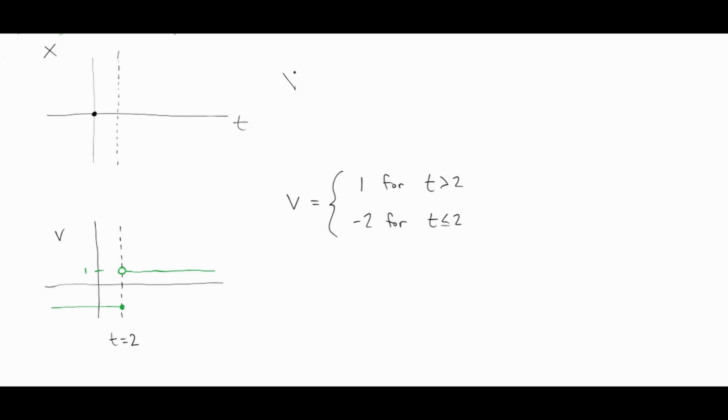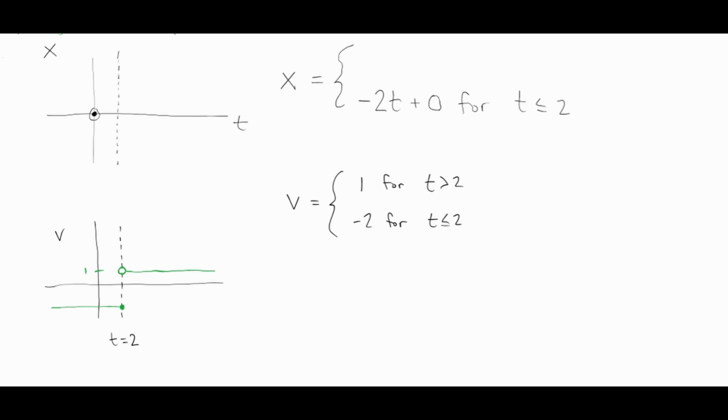So we can write our position function, where each piece is an antiderivative of the formula below. For times that are less than or equal to 2, what should I make my formula? Negative 2t plus some unknown c. But if we look at the situation, we can infer what the c has to be. The c is 0 because this hits the y-axis at the origin. So that c is a 0.